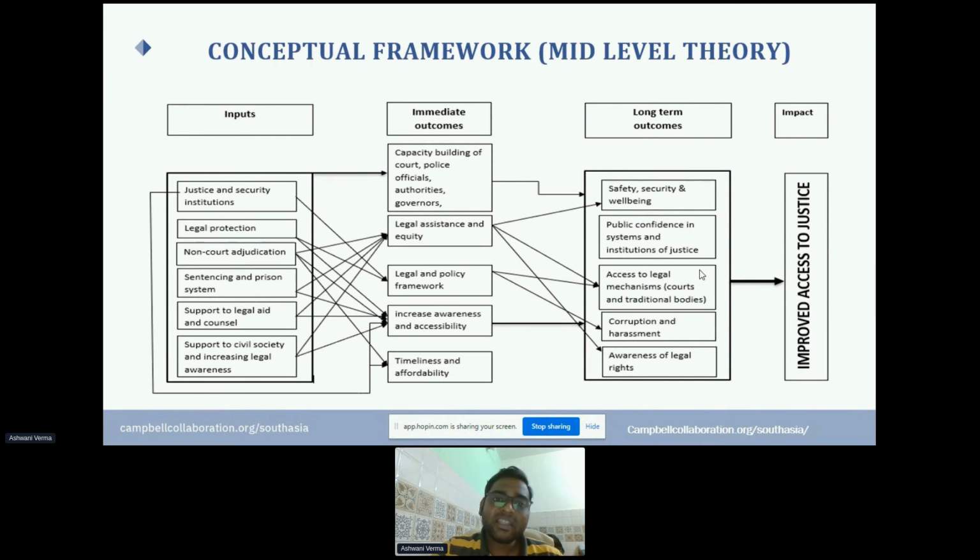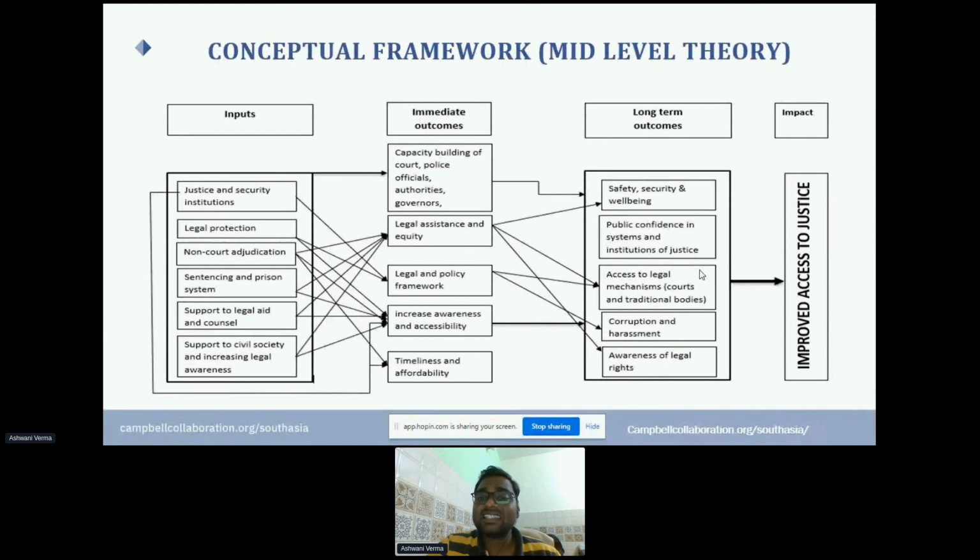In between we have certain outcomes: the capacity building of officials, legal assistance to individuals, a legal framework, increased awareness, and the timeliness and affordability of justice, which ultimately lead to longer term outcomes. These can be measured in terms of safety, security and well-being, and public confidence in the system.